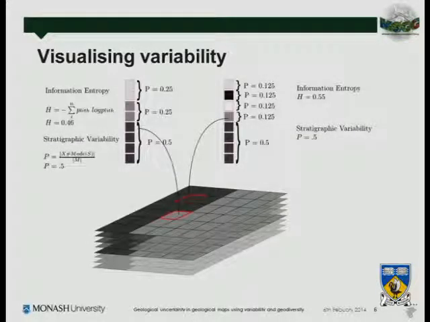Here's a diagram showing you the differences: in this example there are 3 lithologies occurring, and in this one there are 5, so we've got the same stratigraphic variability but different information entropy values.